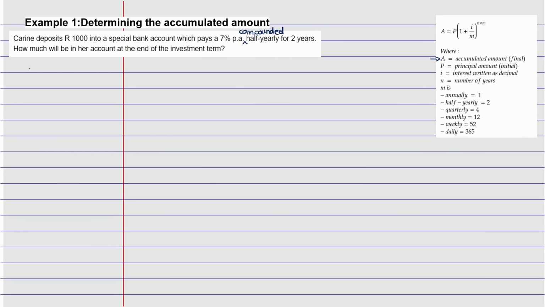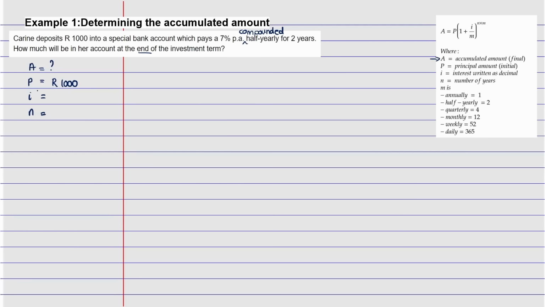So here we have A, P, I, and N. We know that she deposits 1,000, so P is 1,000 because that's the initial amount. A is the one that's missing, because that's what we want at the end of the term, which is the final amount.